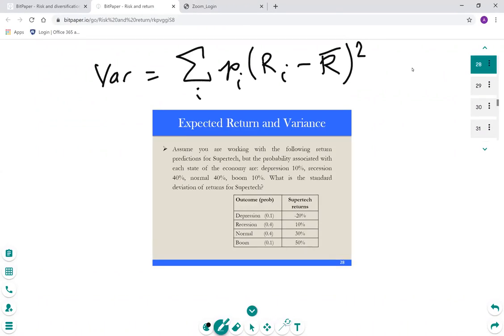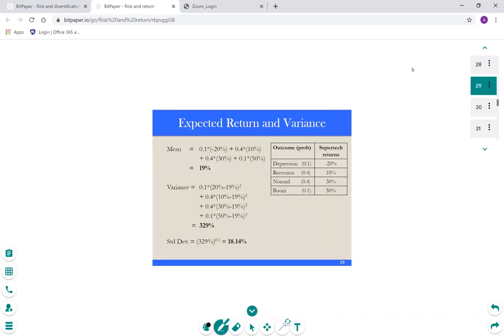So if we apply these formulas, these are the results that you'd get if you're just doing exactly the math that I had just written down on the previous slide. You'd calculate the mean, you'd find the mean return is 19%. The variance according to that formula that I had up above is going to be 329%.